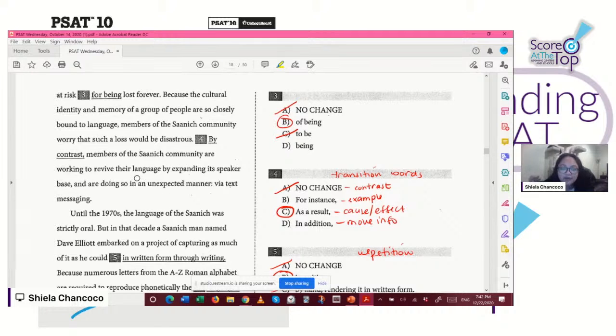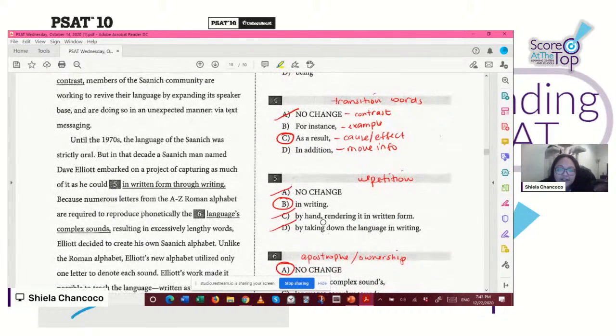So the easiest way is that it's a cause and effect. They're afraid to lose the language, so they want to revive it. It's not a contrast. They're not contrasting ideas. They're not putting an example. It's a cause and effect, as a result. It's not more information. It's definitely C.